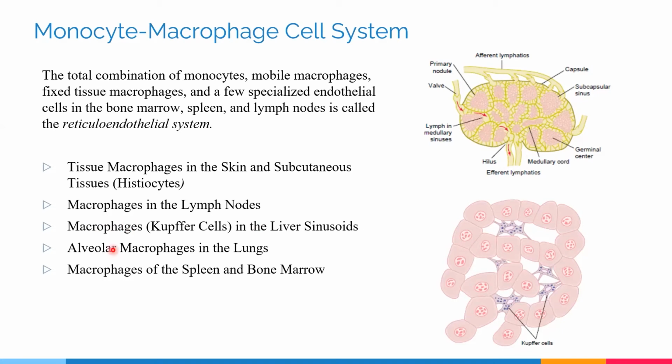Next, there are macrophages called Kupffer cells, which are present in the liver sinusoids, as we can see right here. The Kupffer cells are specialized macrophages which are the resident population of the liver itself. And as we know, bacteria have a favorite route of entry via our stomach and the digestive tract.